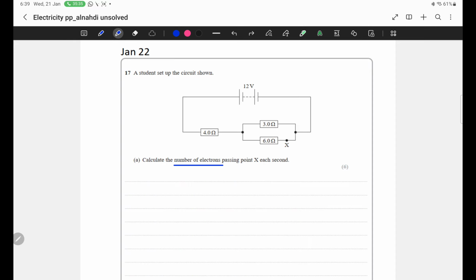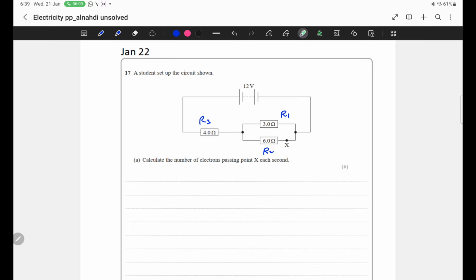In this question, it is a 6 mark question, so obviously you cannot decide directly. We should first calculate the total resistance of the circuit. I am giving names: this is R1, this is R2, this is R3.